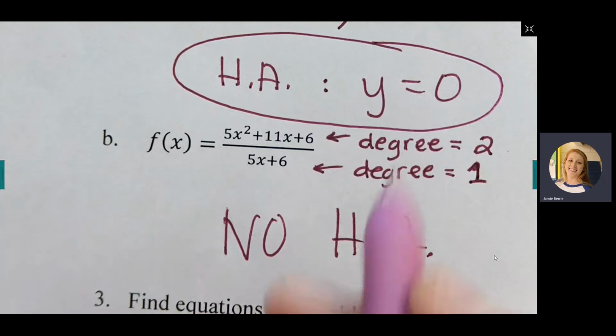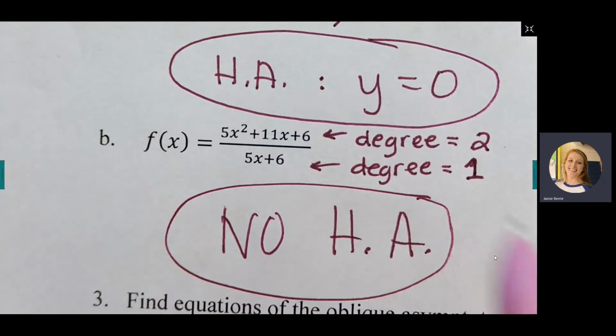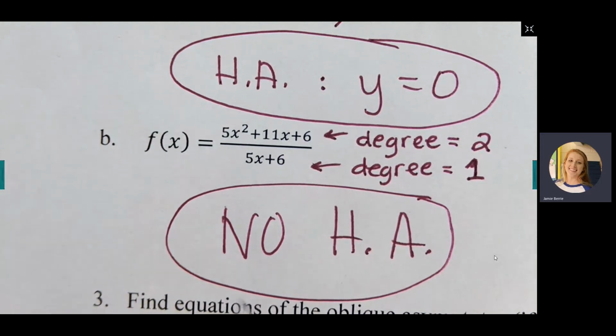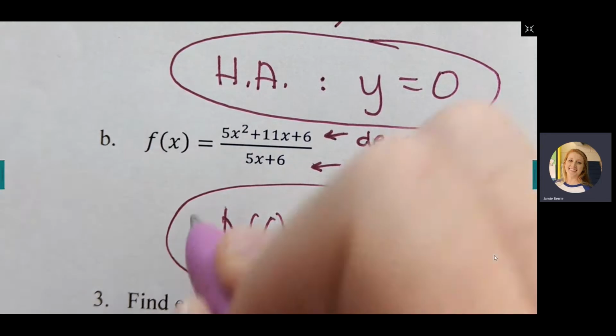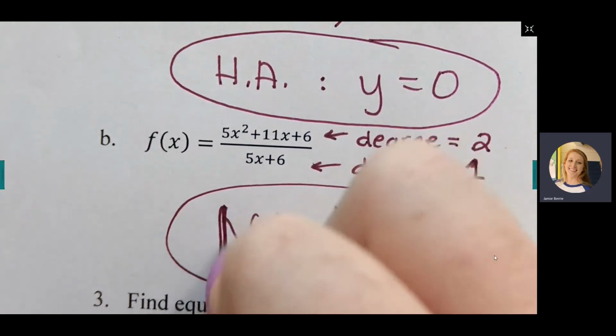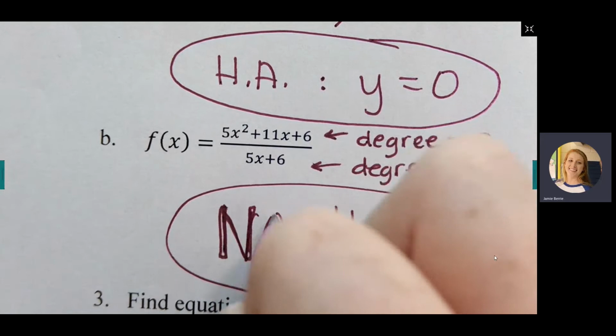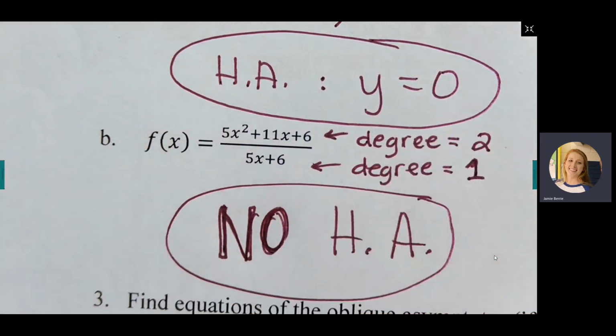So it doesn't fall under either one of those rules. If you flip over to the front, this actually falls under the category of oblique asymptote, but we'll talk about that in just a second. So that function does have an oblique asymptote, but not a horizontal asymptote.